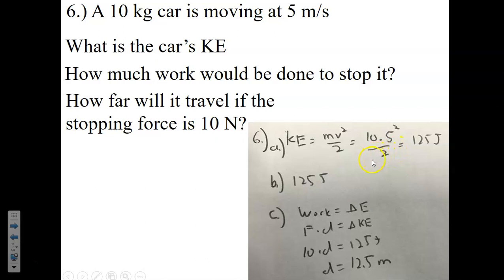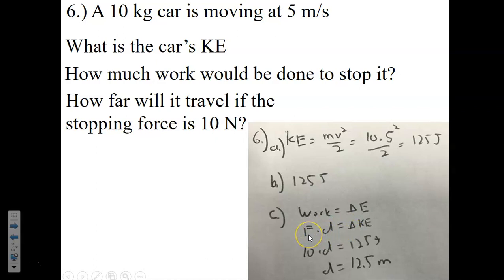In order to bring it to a stop, we're going to have to change its energy by 125 joules. So that's the work that we need to do to stop it, because work equals the change in energy. So how far will that car travel if the stopping force is 10 newtons? Well, we know we're going to do 125 joules of work in order to bring it to a stop, and that equals force times distance.